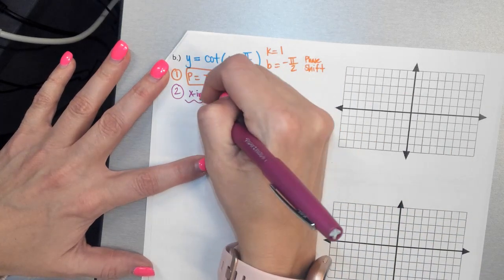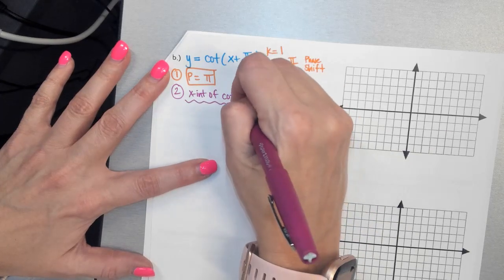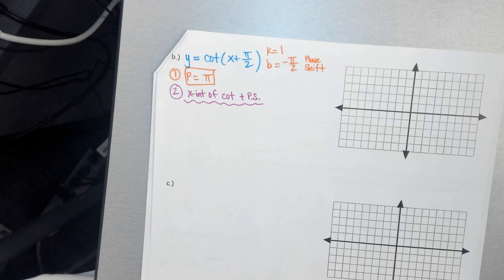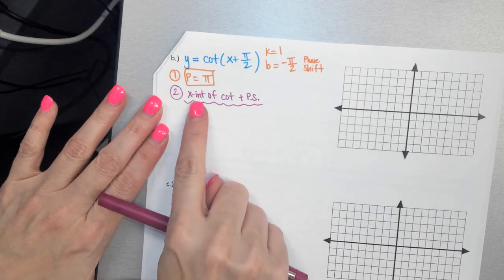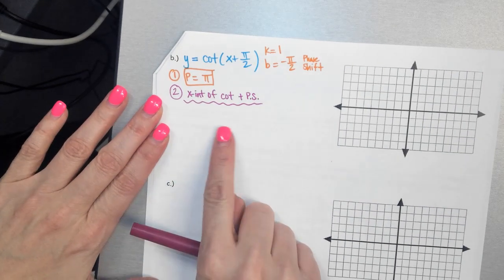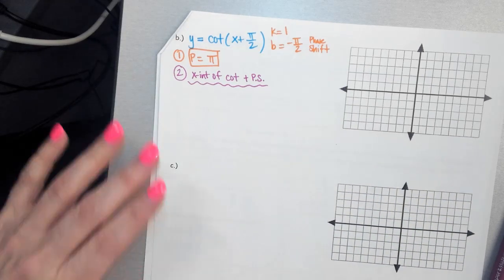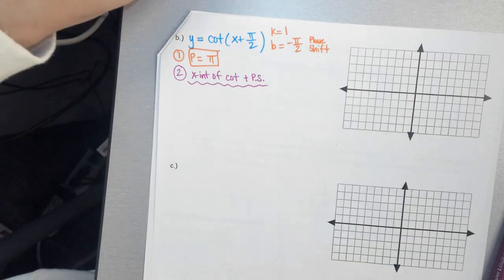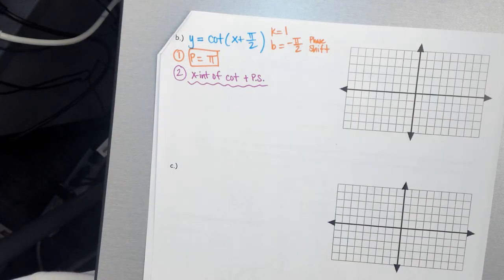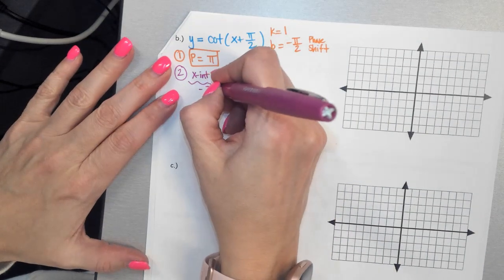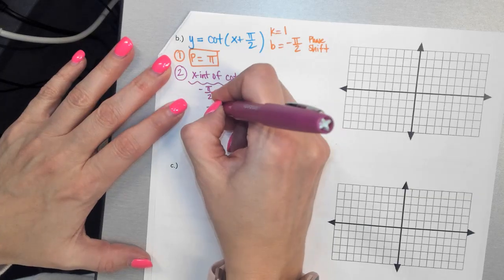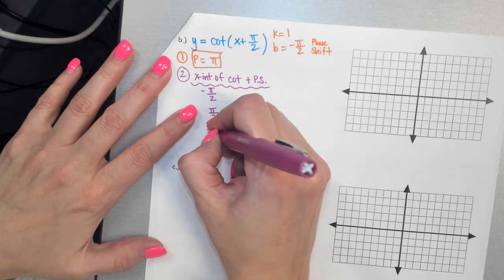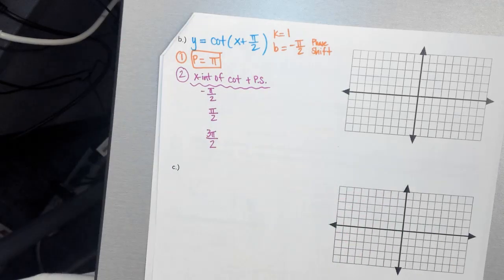All we have to do is take the x-intercepts of cotangent and add the phase shift to it. So no matter what your phase shift is, if all you have is a phase shift, you're going to take those original values and apply the phase shift. Again, we could look back at our table because it's okay if we don't have these memorized yet. By the time you're done with your practice, you will have a better handle on it.